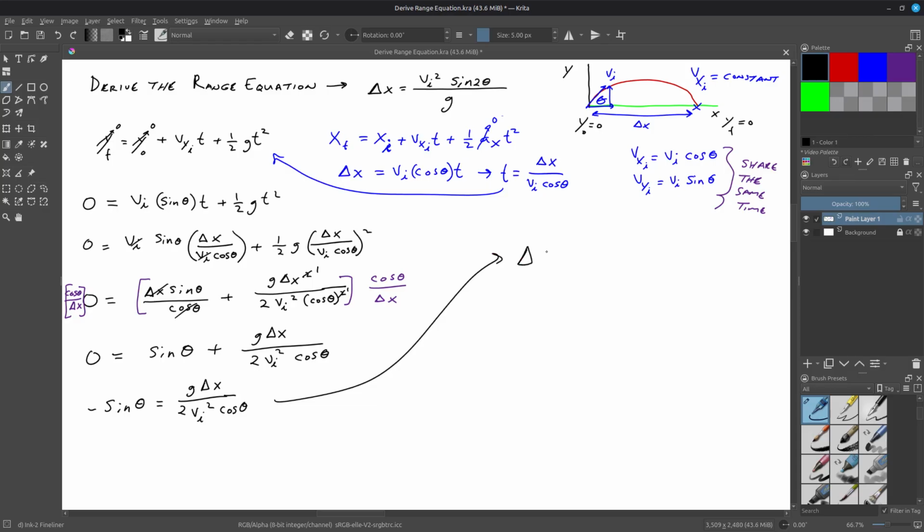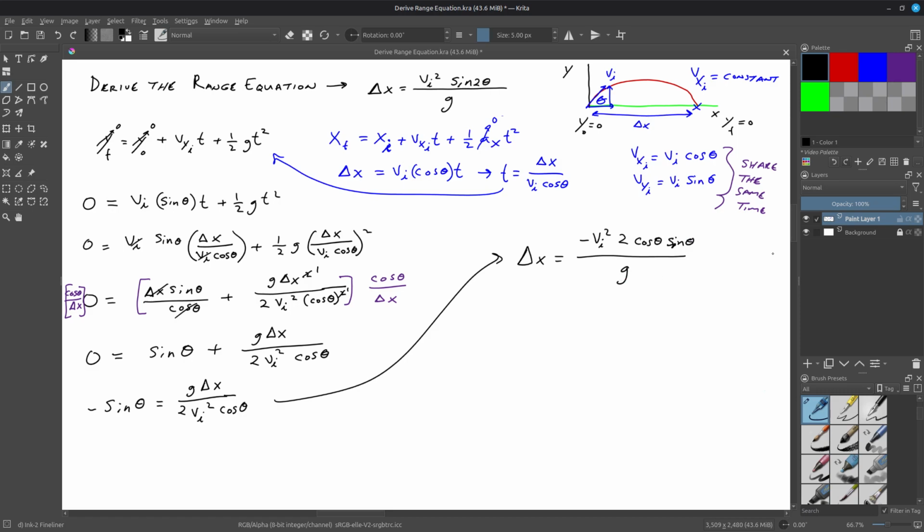So delta x is going to be equal to negative v initial squared 2 cosine theta sine theta over g. Whoa, doesn't look like the range equation.